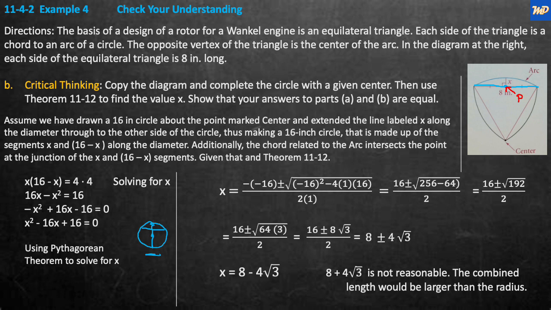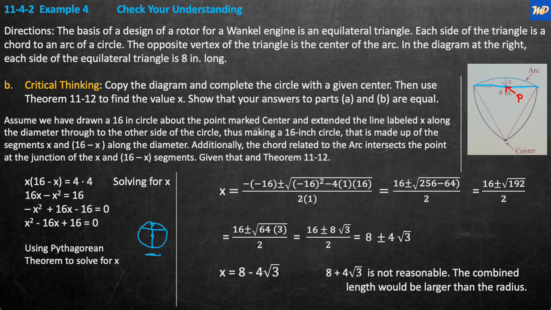So when we multiply that out using the distributive property, we have 16x minus x squared is equal to 4 times 4, which is 16. And now we're still solving for x. So now we're going to bring the 16 to the opposite side, and we're going to have minus x squared plus 16x minus 16 equals 0.